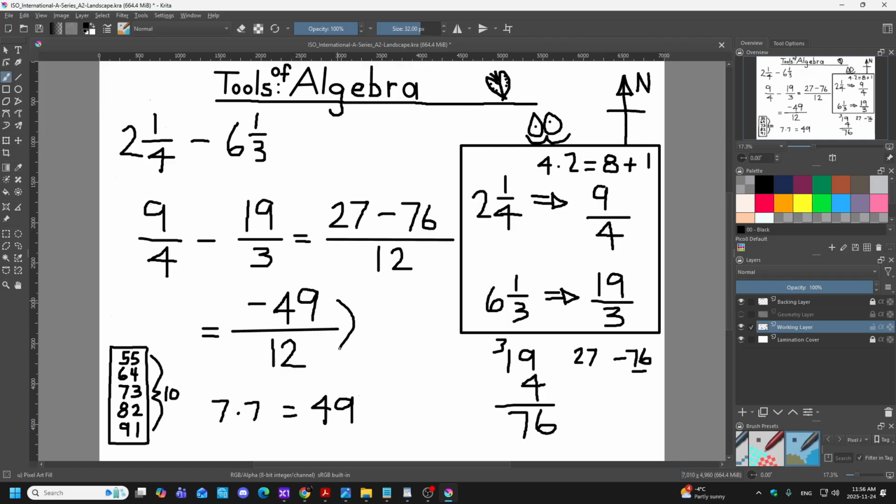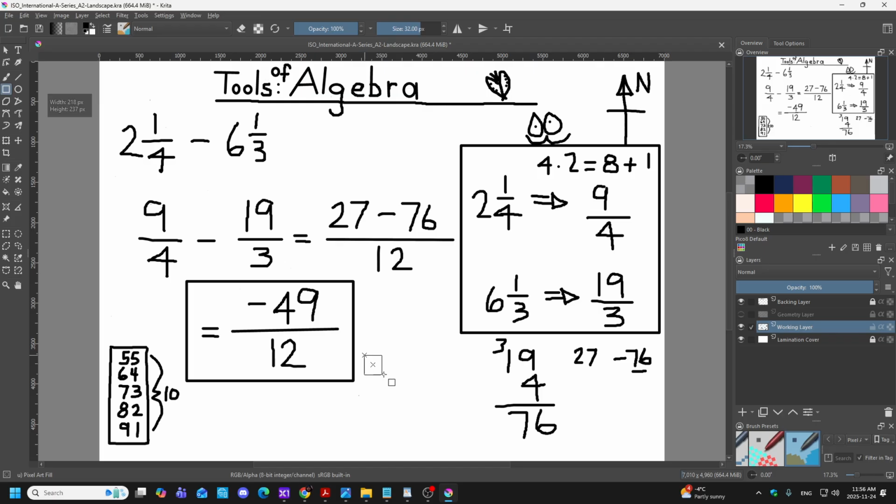There is no common number between the numerator and the denominator. So I'm thinking we're done. I can't see us reducing that any further.